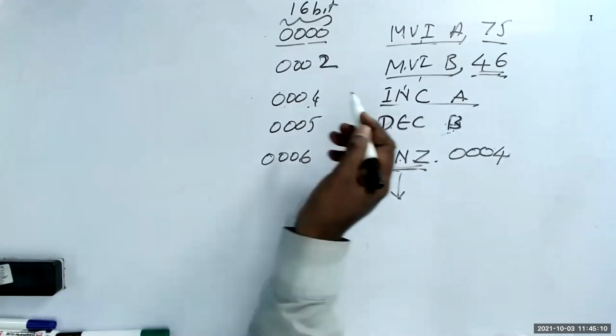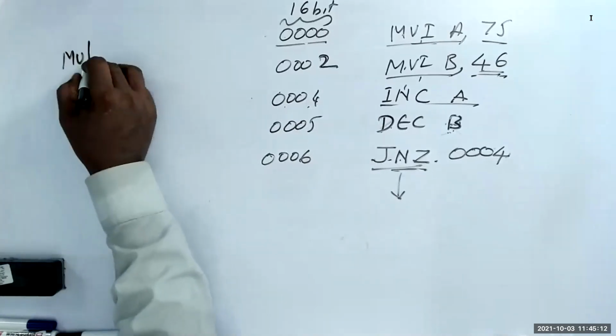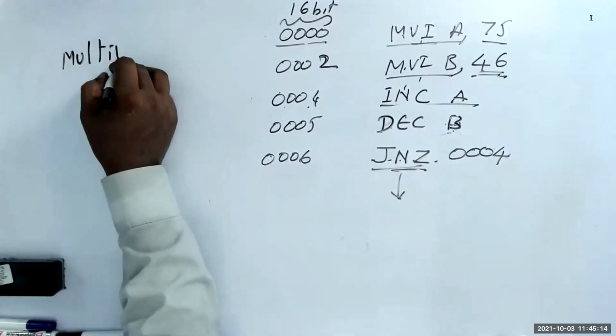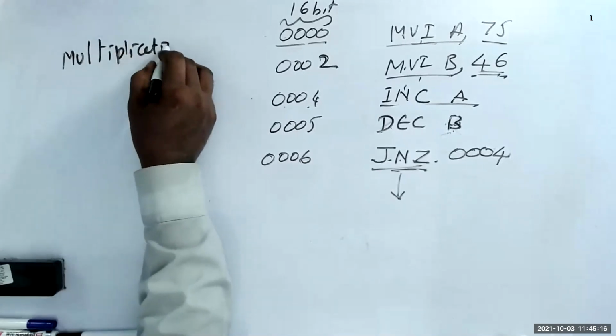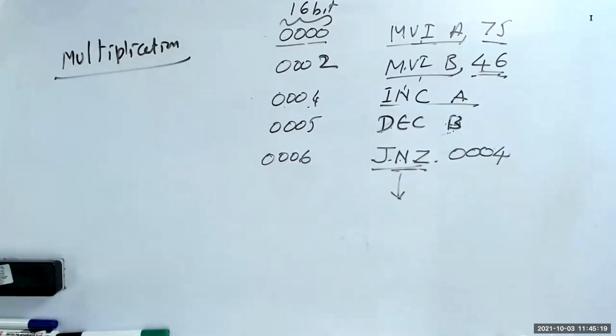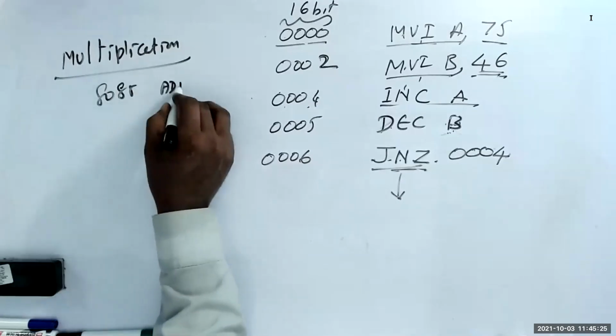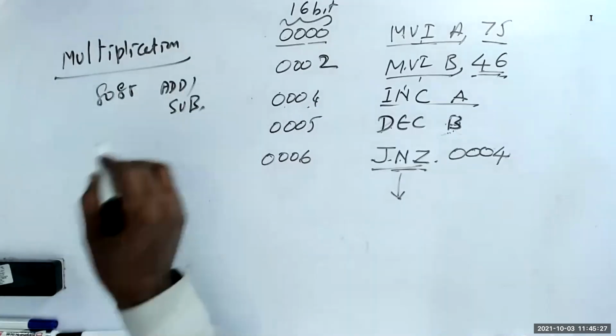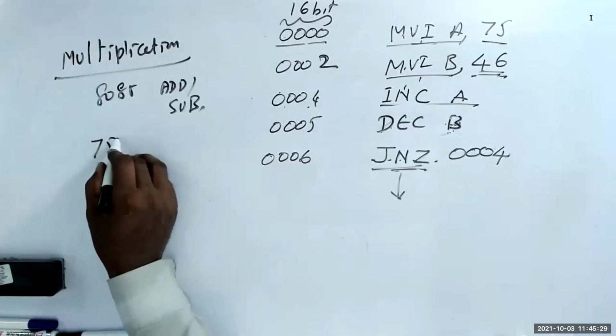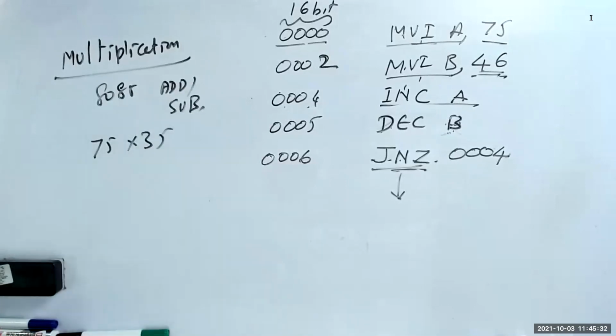You know that I don't have multiplication in 8085. 8085 has only addition and subtraction. I want to multiply 75 by 35. How do you do that? Simple.